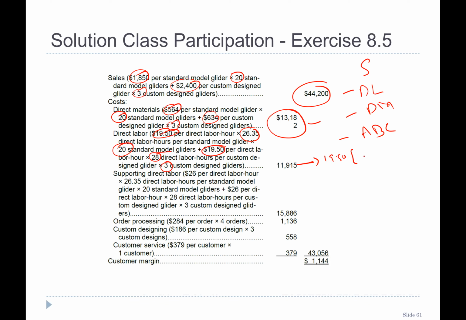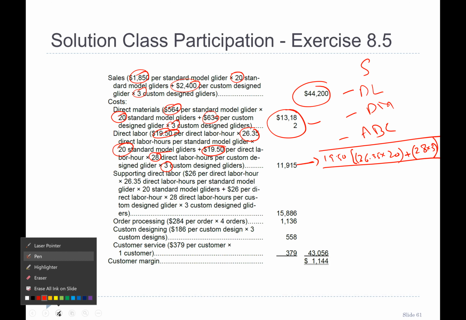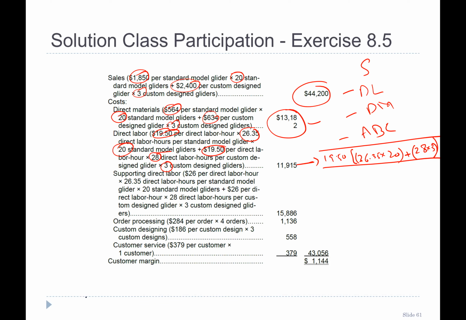You can say multiply by 26.35 for standard model, 20 are sold, plus 28 multiplied by 3. If you solve this expression here, answer would be 11,915.